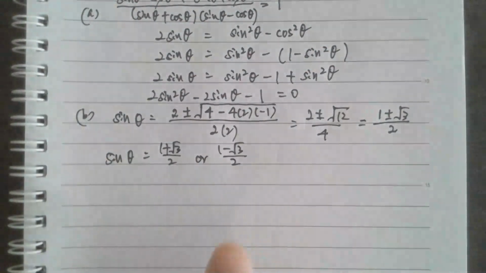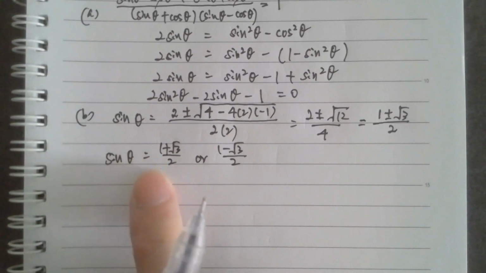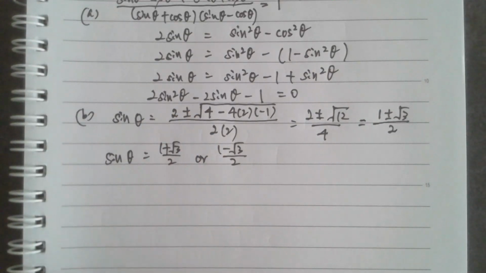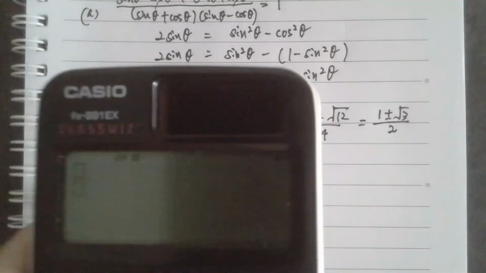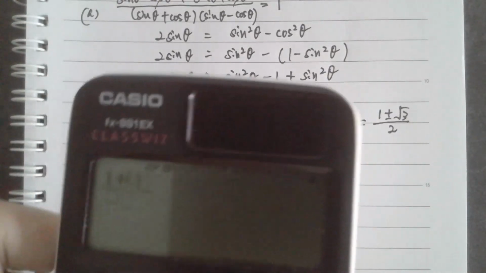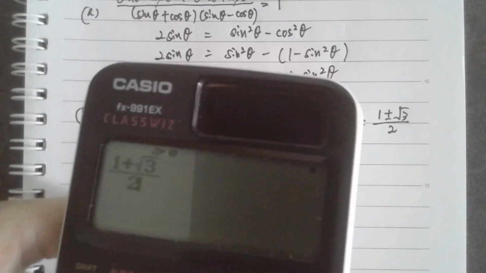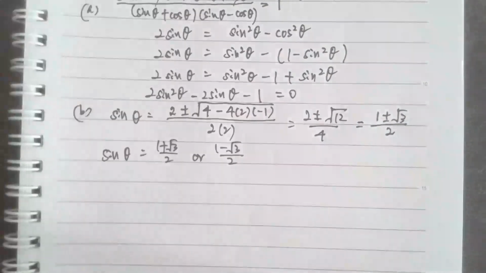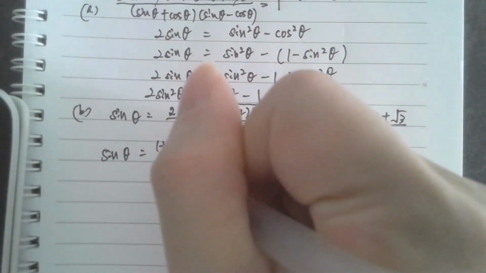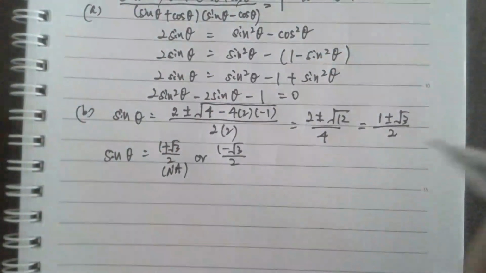Alright, so we can see that this is not applicable, because 1 plus root 3 divided by 2 is definitely more than 1, which sine theta cannot be. You can verify by using a calculator. 1 plus root 3 divided by 2 is more than 1, so this is not applicable, which we reject.